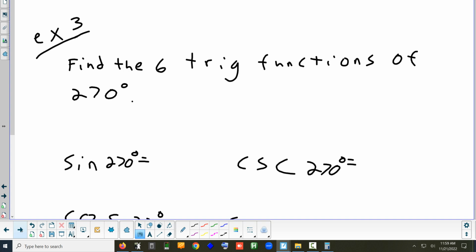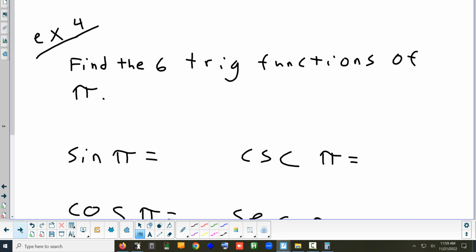How about, what's the coordinate for 270? (0, -1). And now once you have your coordinate, fill in your x's and y's. How about pi? Think first, what is pi in degrees? That might make it easier. 180.